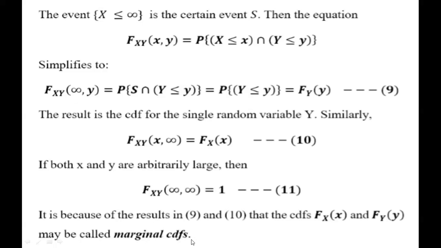What is the marginal CDF? It is a single random variable CDF obtained from the bivariate random variable CDF with one of the events happening to be a sure event.